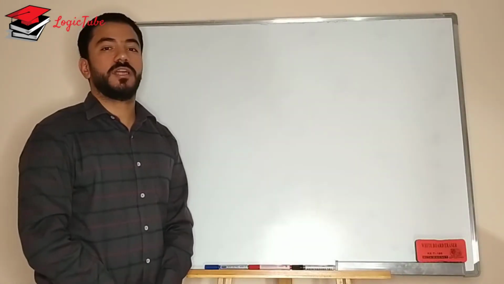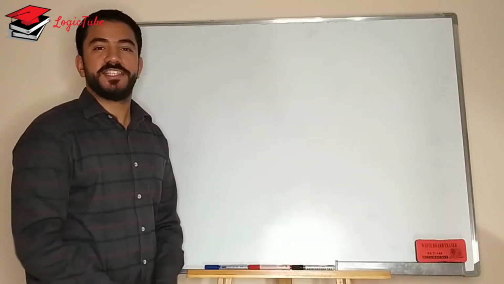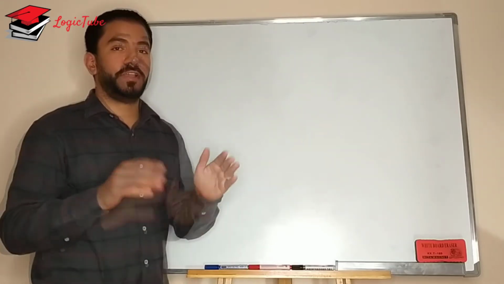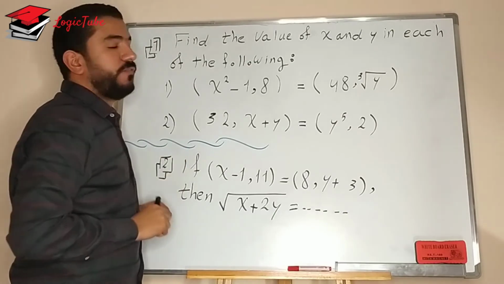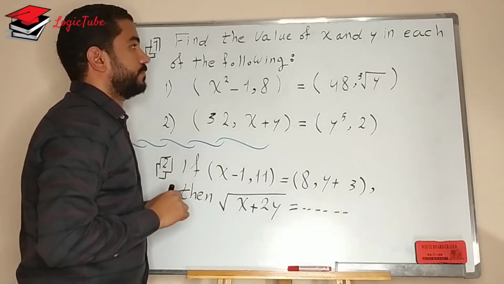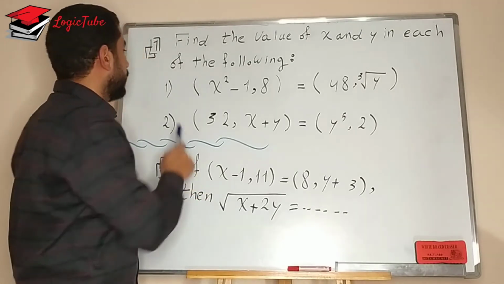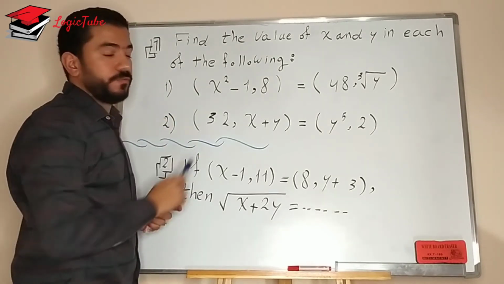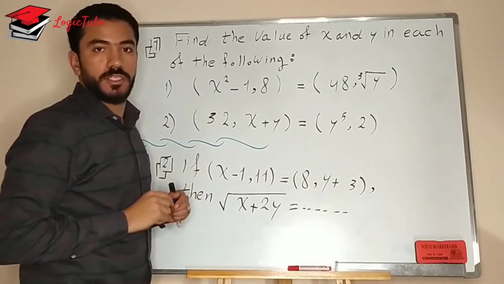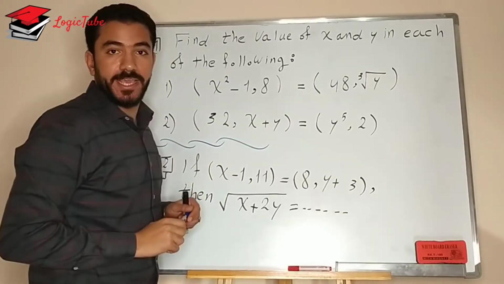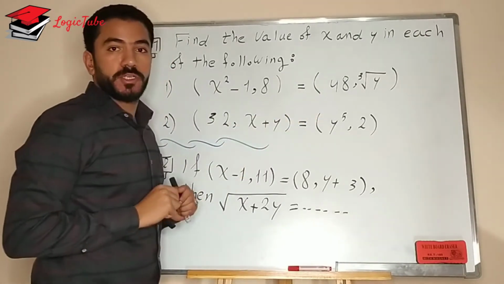Now we'll take the questions of today. You'll solve these questions and send them to me to figure out your right answers. Question number 1. Find the value of x and y in each of the following. Number 1, the ordered pair of x squared minus 1 and 8 equals the ordered pair of 48 and the cubic root of y.